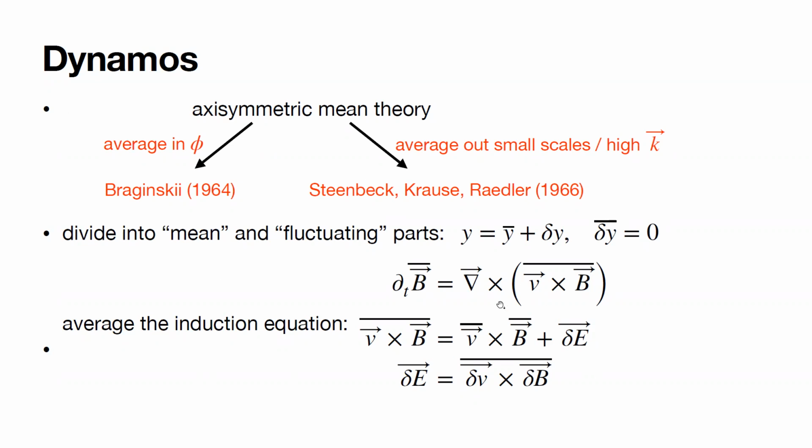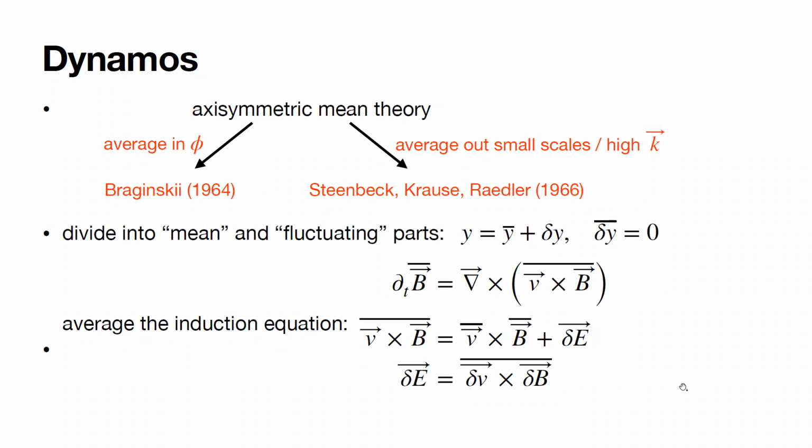So let's say that the average of this EMF, V cross B, is equal to, on the one hand, the cross product of the averages, and then there's some leftover, right? I'll just call it delta E. That's just whatever the difference is between the average of the product and the product of the averages.